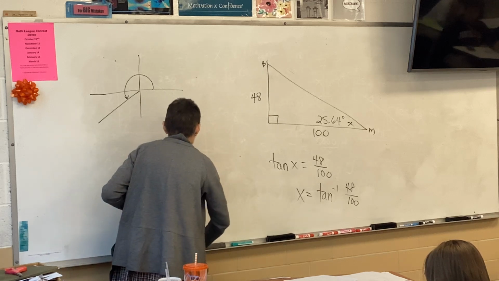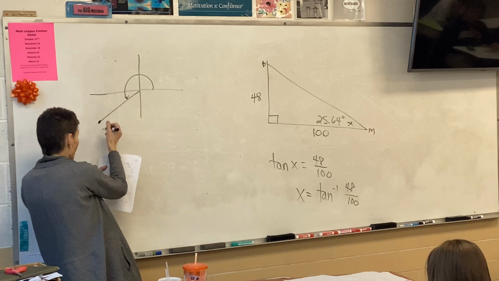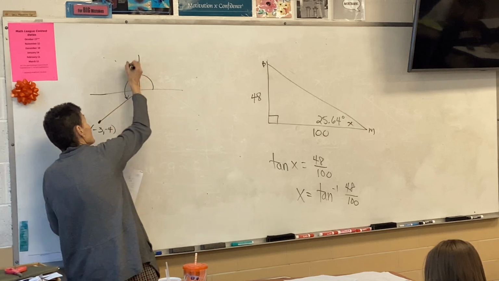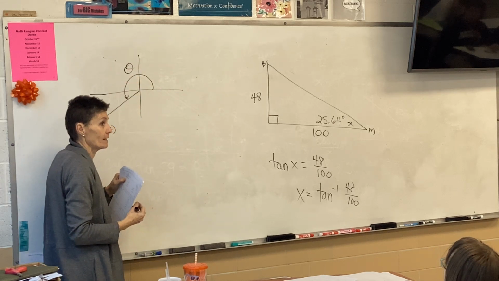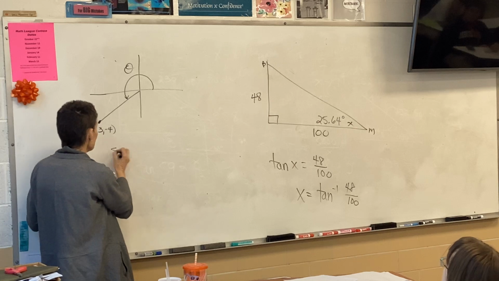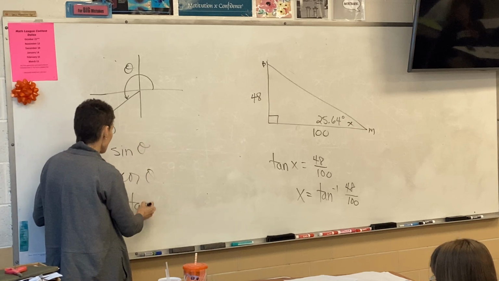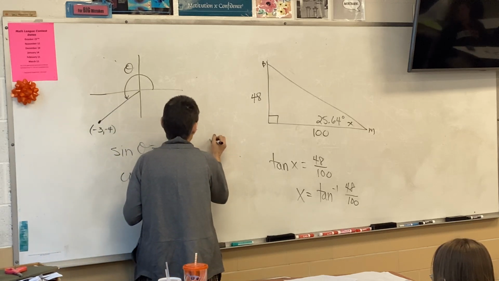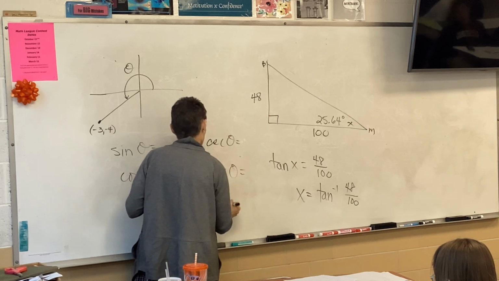This guy is not in quadrant 1. This is the point -3, -4. And this big angle is my angle theta. I need to find sine, cosine, tangent, just like I did yesterday, except I'm not in quadrant 1. So what does that change?